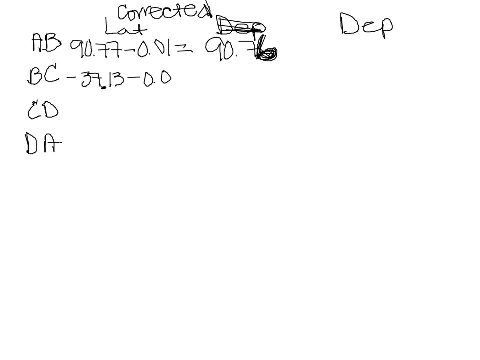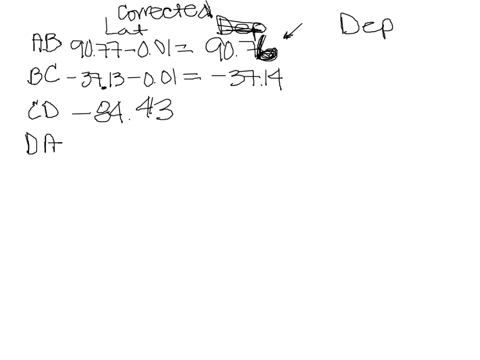So minus 0.01 gives us negative 37.14. Here we would just have negative 84.43 because we're not really applying the correction there. And then because we added that extra half here, remember I made that decision to round up basically?